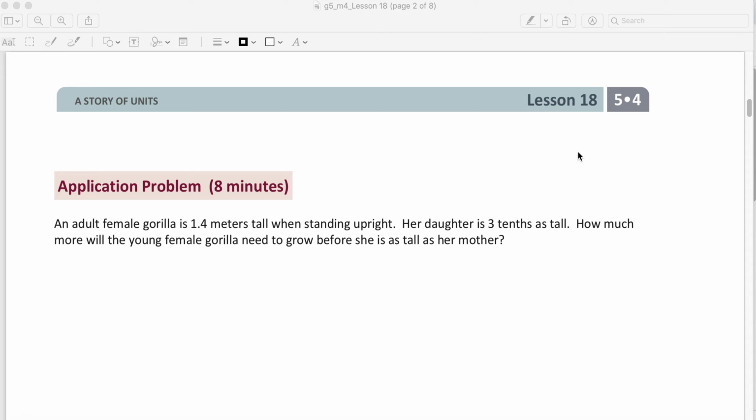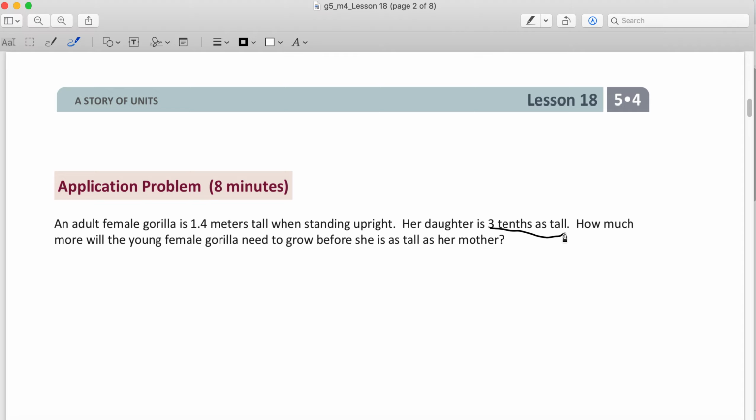Well, we actually need to find out how tall the daughter is, because it doesn't say that she's 3/10. It says that her daughter is 3/10 as tall. So that means that we've got to actually find it.